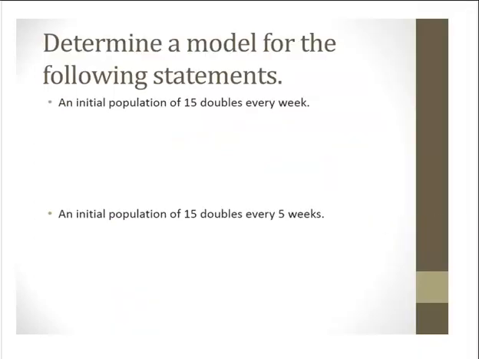Determine a model for the following statements. An initial population of 15 doubles every week. If I let t represent the time in weeks, and we see that an initial population of 15, all right, so P of t would be the initial population, P0, 15, and then b to the t.